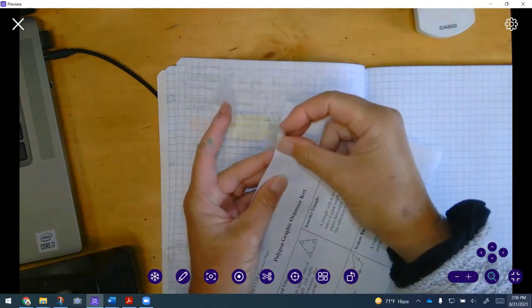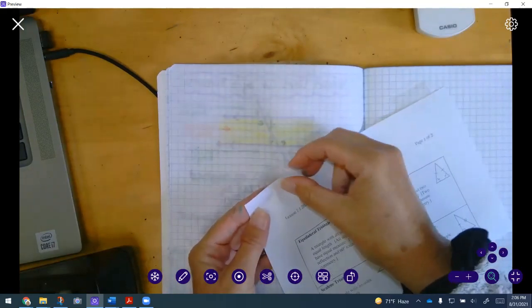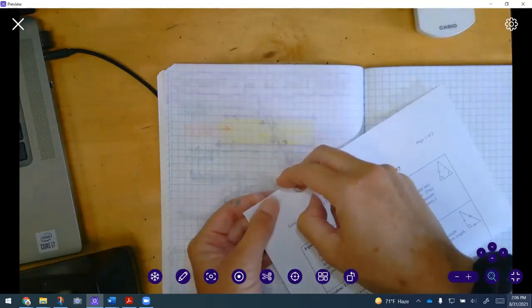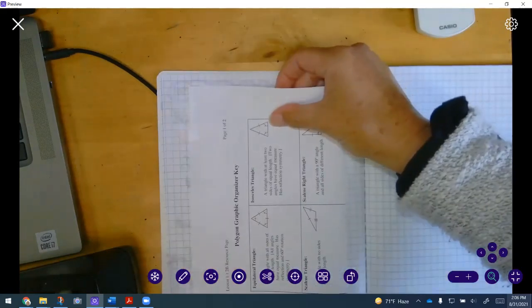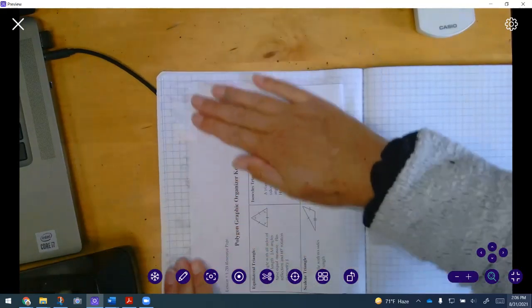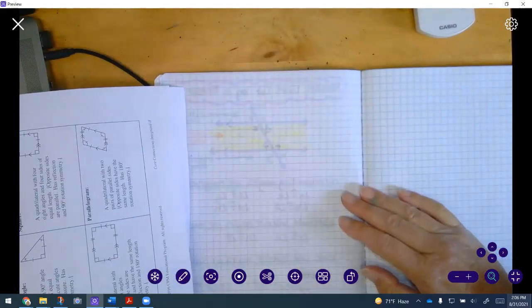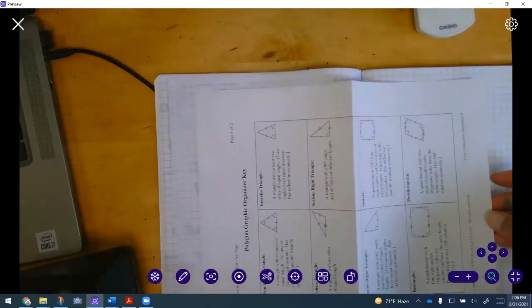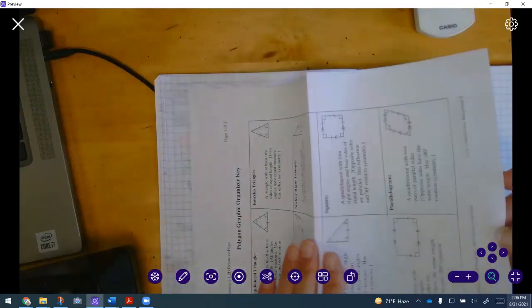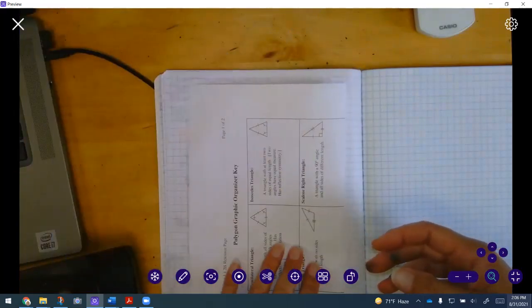I'm going to put it like this and like this. And again, we don't need tons of tape. And then I'm going to put it here on the back side of the page I just was writing. And now it's here, and then I can easily flip it and open it and look at it. And I can fold it back and put it here.